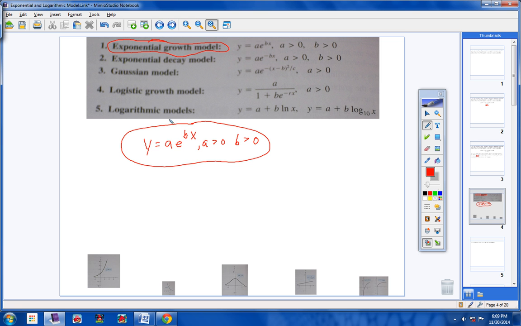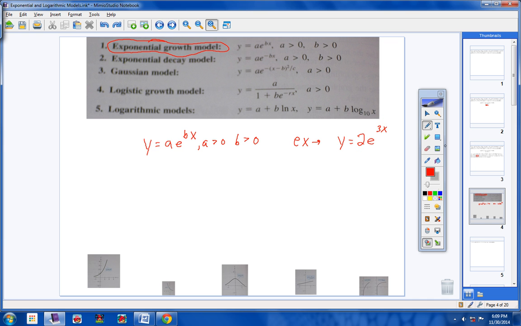Got it? Now here's an example of an exponential growth equation. Write this down, please. There we go. And 2 would be your A, and 3 would be your B. So there you go, exponential growth model.